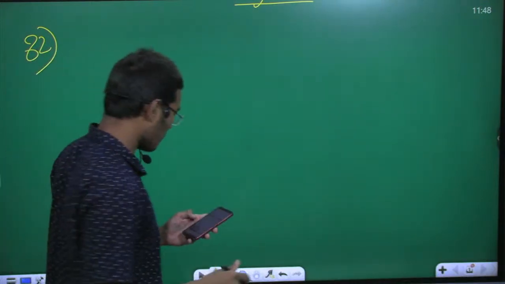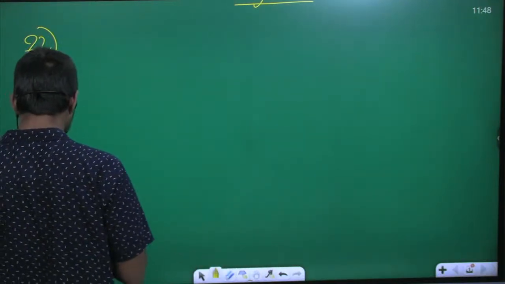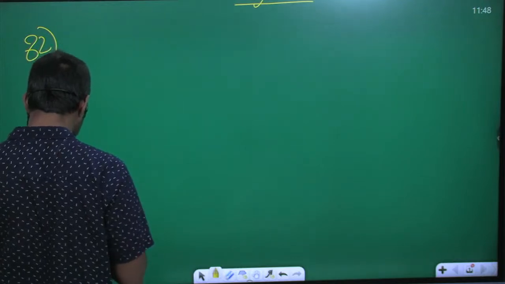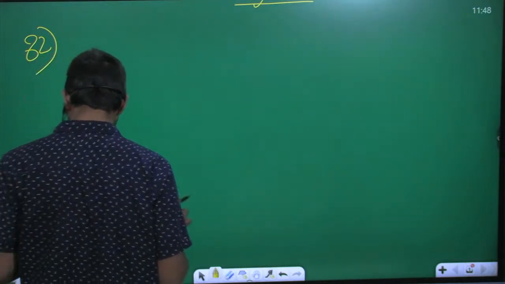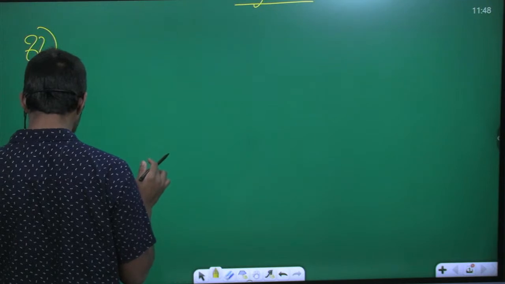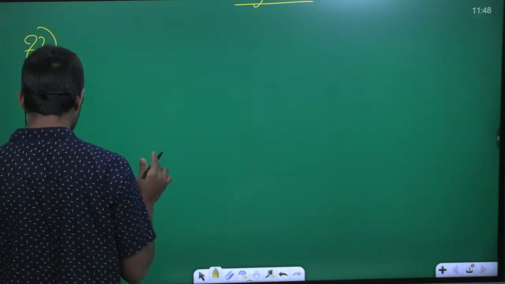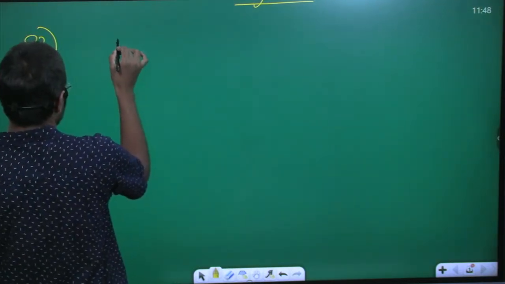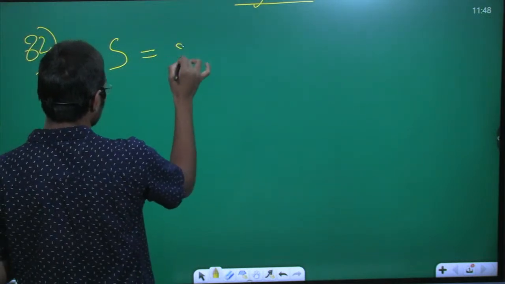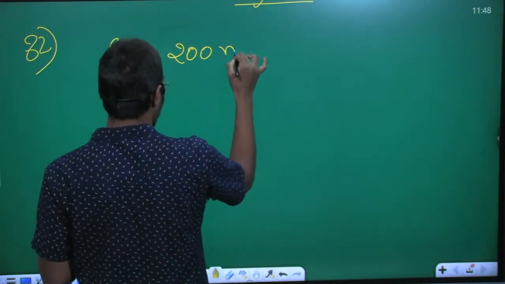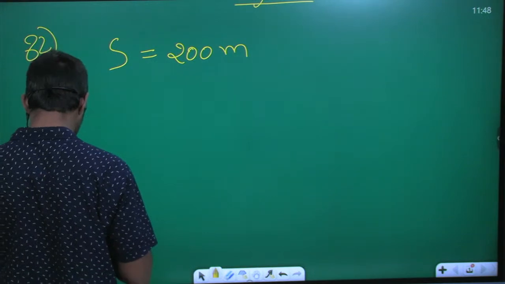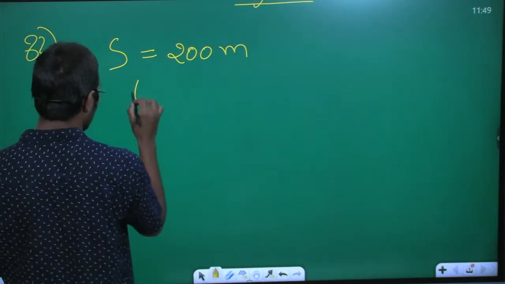Okay. So the distance given s is equal to 200 meters. Time t is equal to 10 seconds.